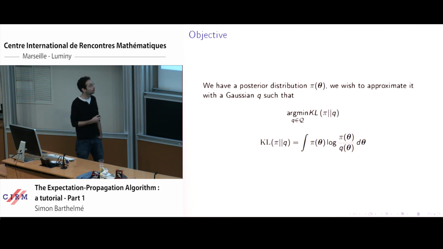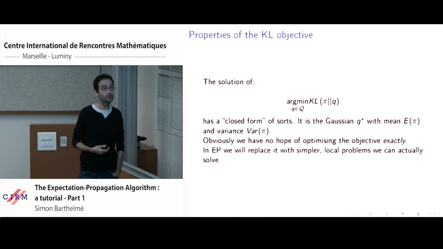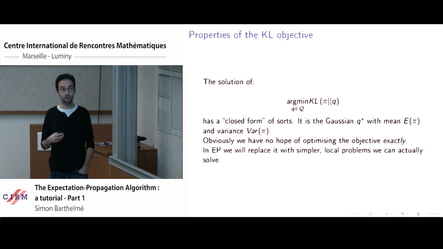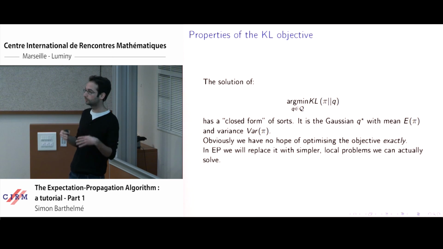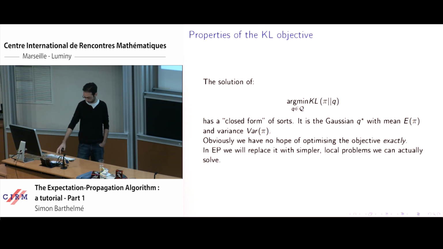So this objective is a theoretical objective. It's not something that we can actually work with. So in order to work with it, we have to approximate it. The way we approximate it in EP is to replace one big global problem with simpler local problems that we can actually solve.